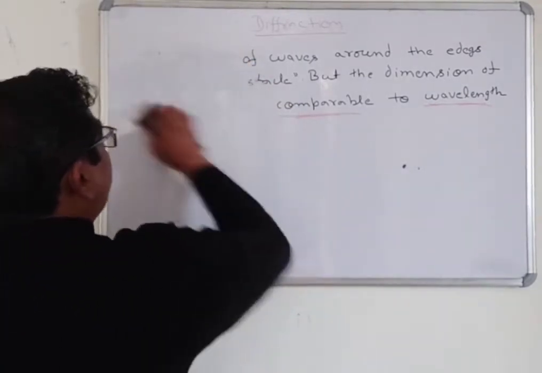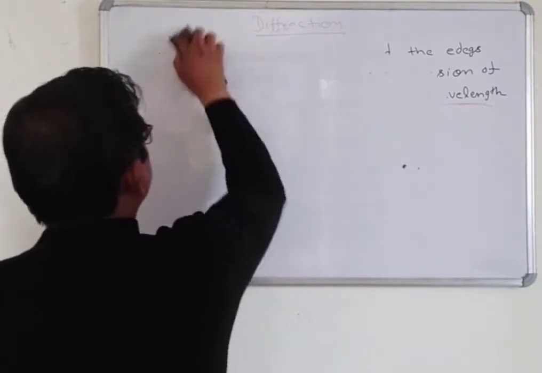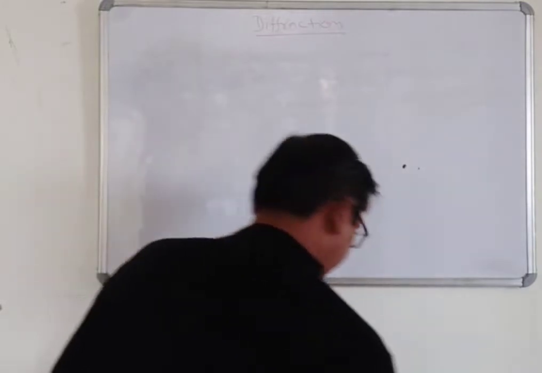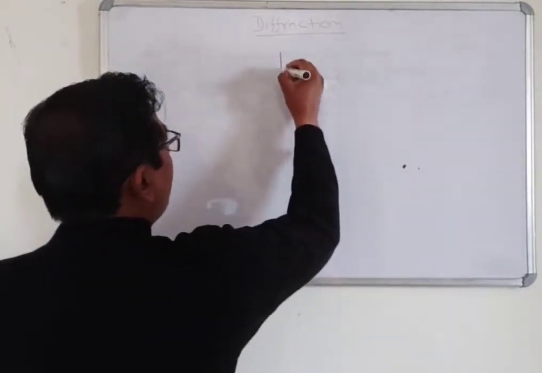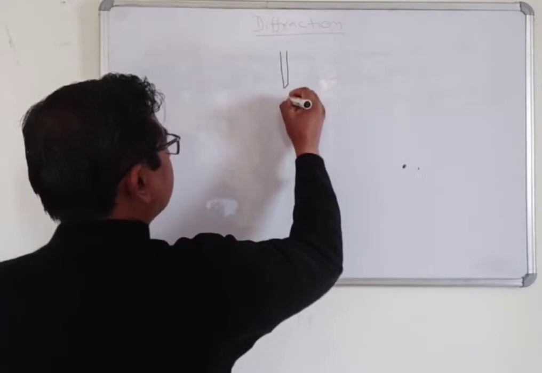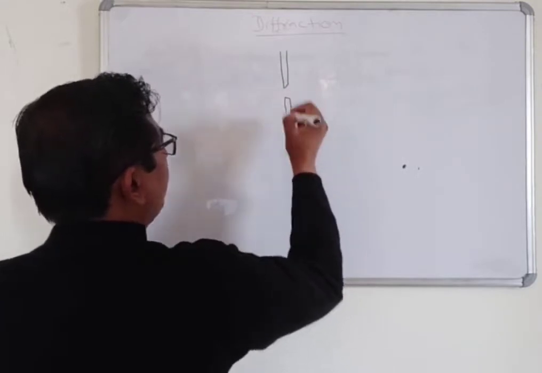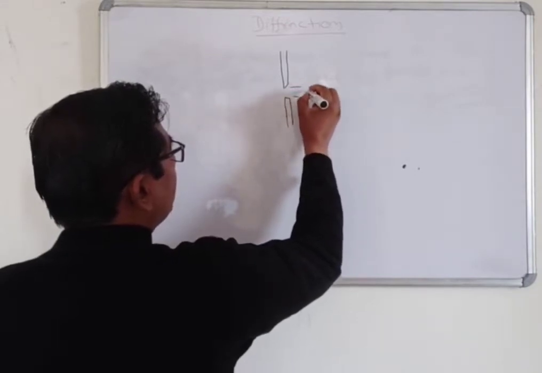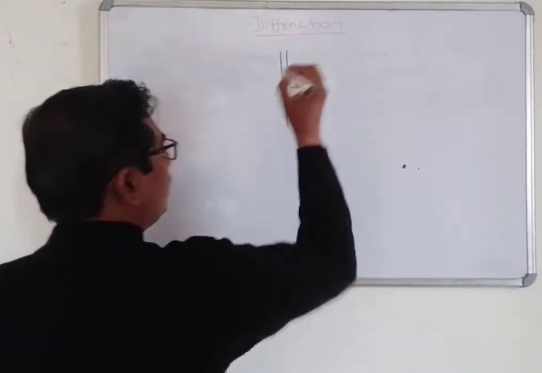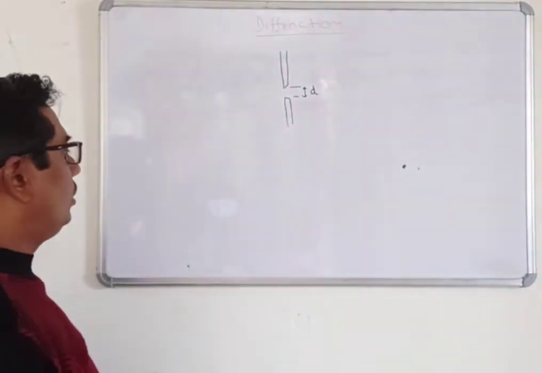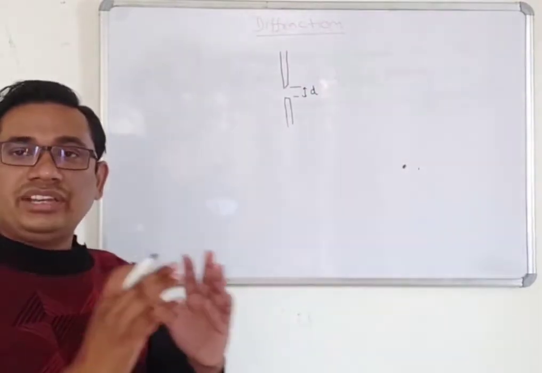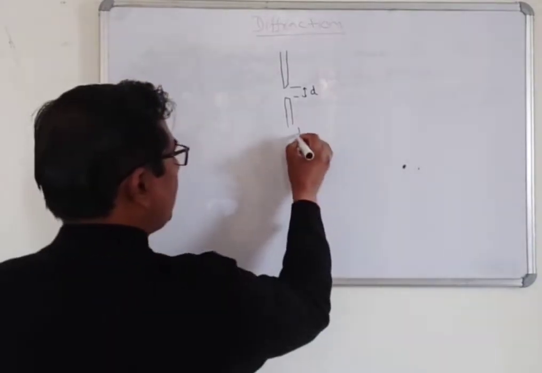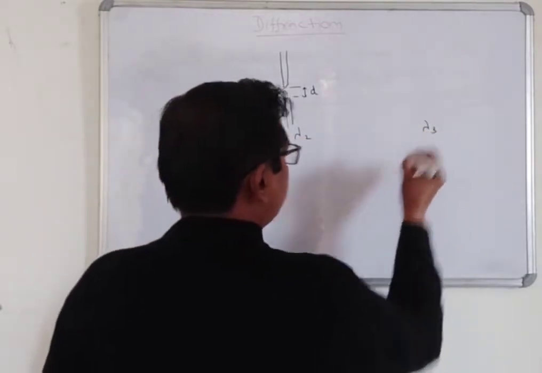Here, suppose that we have an obstacle like that. This is the obstacle, and the size of the opening part will be equal to small d. Now, suppose that we have three wavelengths, lambda 1, lambda 2 and lambda 3.